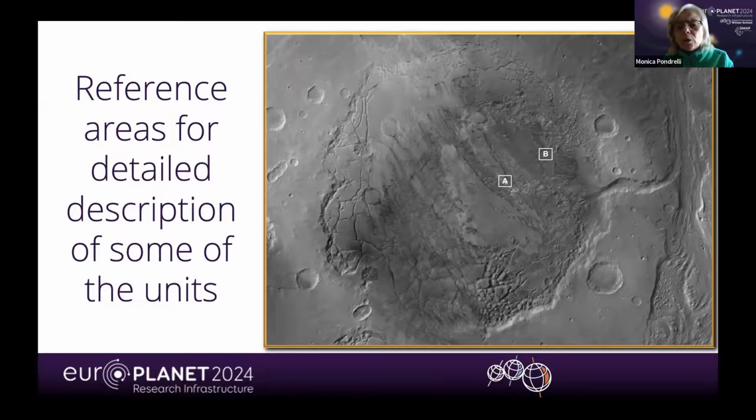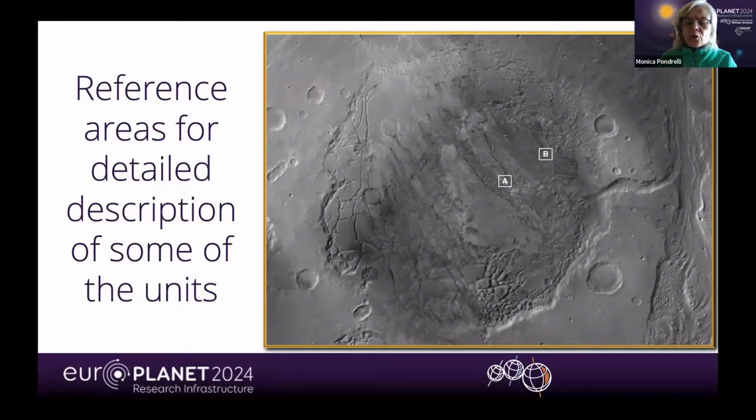But in order to start the description, as I was mentioning before, we can even not formalize, but select reference areas to describe the units. This is something that in some way helps also to reproduce our observation.